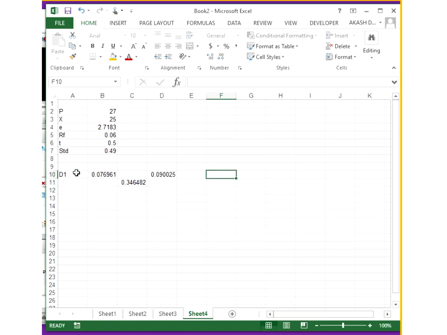Okay, so this is going to be this plus this, and this is the denominator. So this would be this divided by this. All right, so far so good.